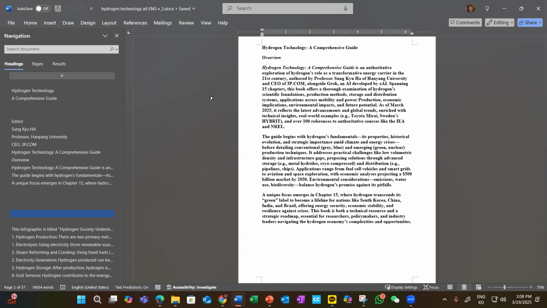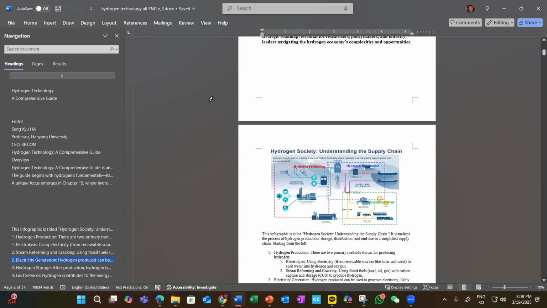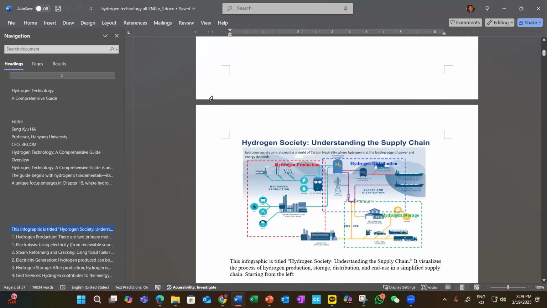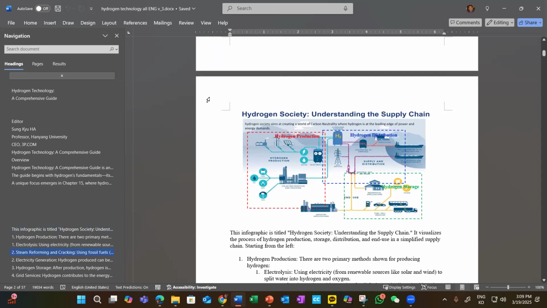So there are four different distinct areas related to hydrogen society where we make full use of hydrogen gas.